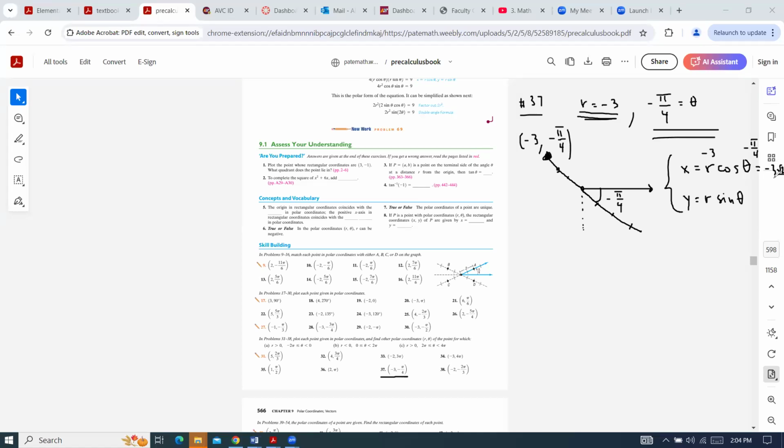And it looks like the exact same thing will be with the other coordinate. I think I should have used the other color. You better see this. So if you use -3 for r and -pi over 4 for theta, you're going to end up with -3 times, notice that sine and cosine of pi over 4 are square root 2 over 2, but I should be a little bit more careful, because cosine is positive, right? Because that's the x coordinate, but sine will be negative.